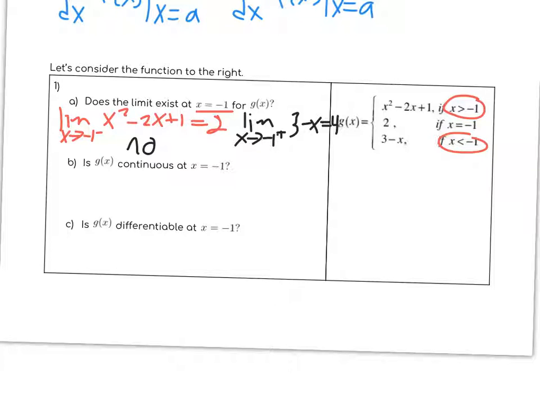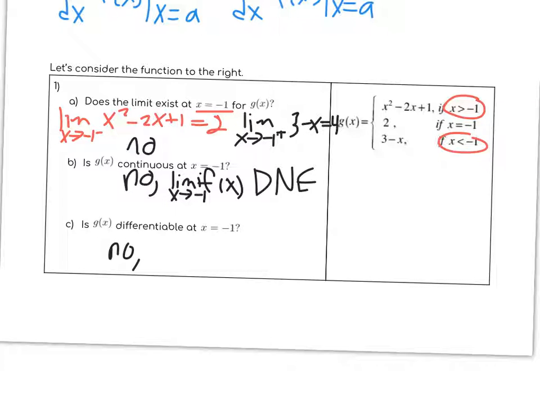If the limit does not exist, then no, it is not continuous, because the limit as x approaches negative 1 of f of x does not exist. Which is weird because this should not have come out that way. And sometimes I need to stop myself when I'm plugging things in on the fly because this is certainly not equal to 2.